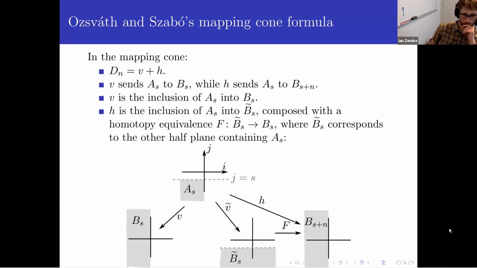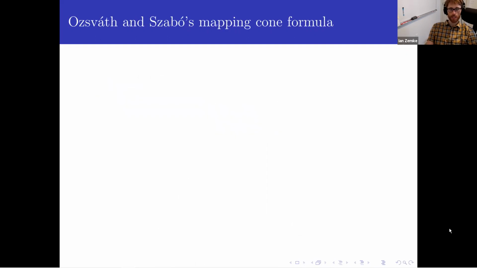And so we can always just pick any such map you want and build the mapping cone. And it's well defined, just because there's not enough room in the Heegaard Floer homology of S3 for there to be any indeterminacy.